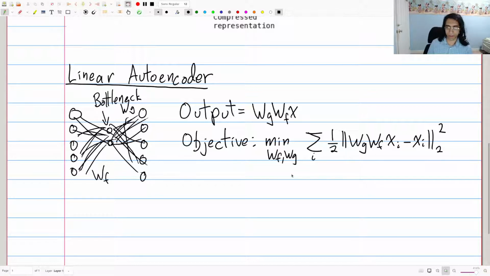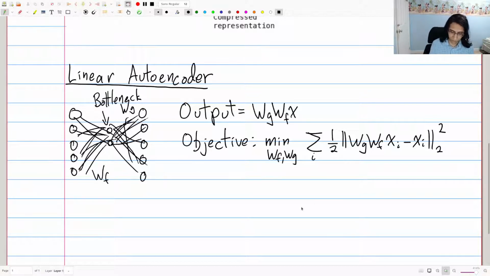And we can optimize this as usual, just do gradient descent or whatever other gradient-like method that we use. This is relatively easy in this case because of the fact that it's totally linear. In fact, I'd have to think about it, but you should be able to just optimize this using a least squares type solution.